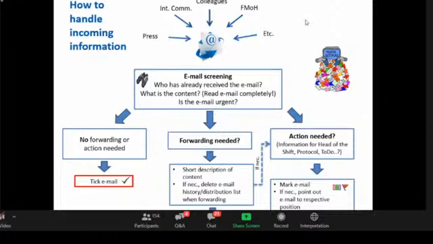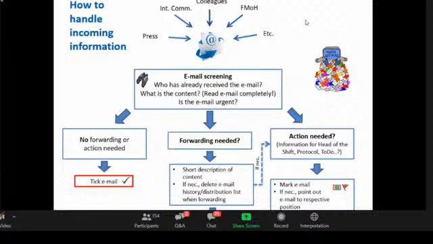Here you can see a flow chart for the person doing the triage. So we receive an email at our EOC, and then the person doing the triage has to screen the email, has to have a look at who has already received the email, but also what the content is and whether the email is urgent.